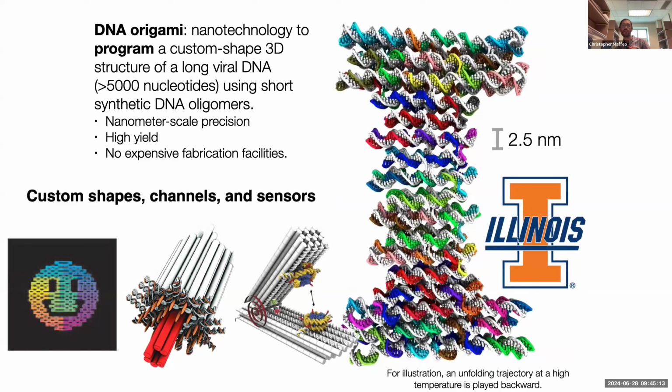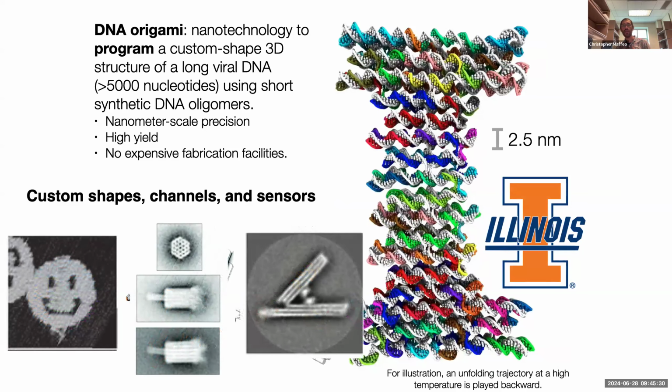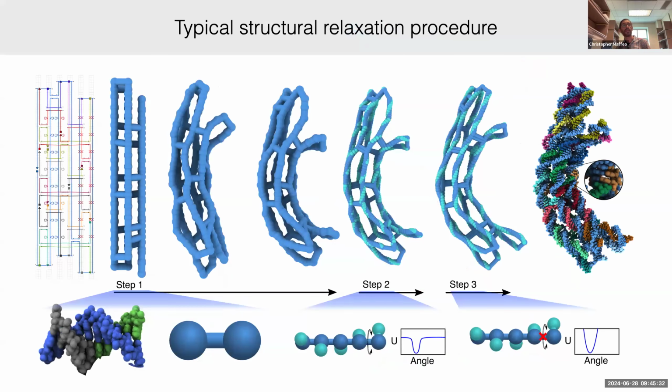That method's been successfully applied to make all kinds of things, from cute little smiley faces to membrane channels, and even useful things like force sensing devices. And our mRDNA model basically helps designers see how their idealized designs should actually be shaped.